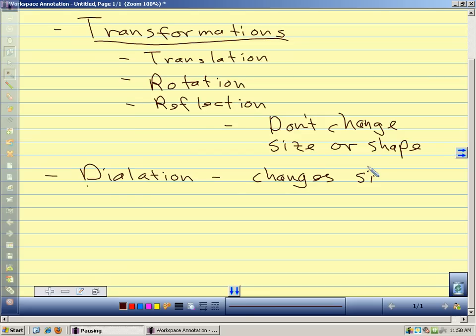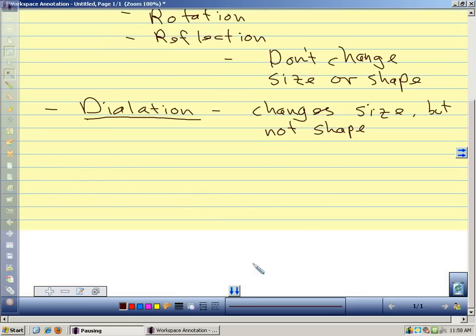It gets bigger, but it doesn't stop being a circle. So this is the type of transformation that we're interested in chapter 8. So the first thing we're going to talk about is dilating a point.